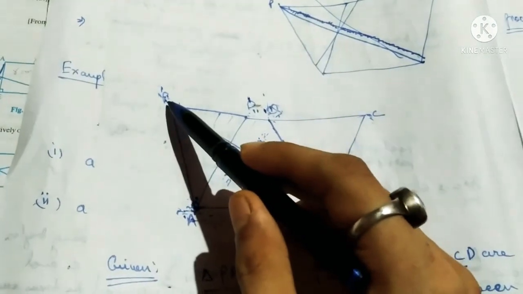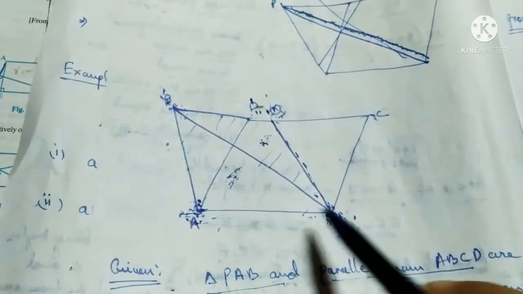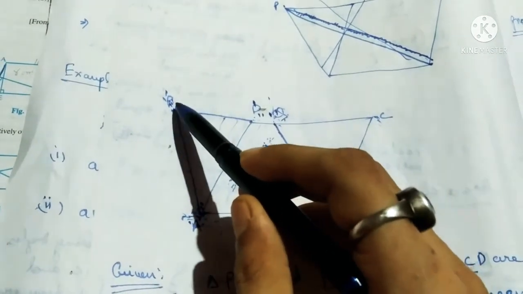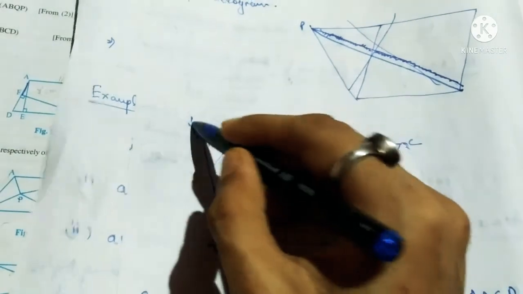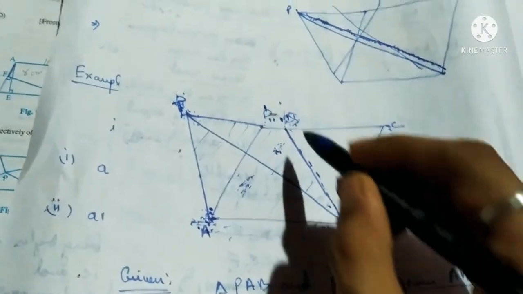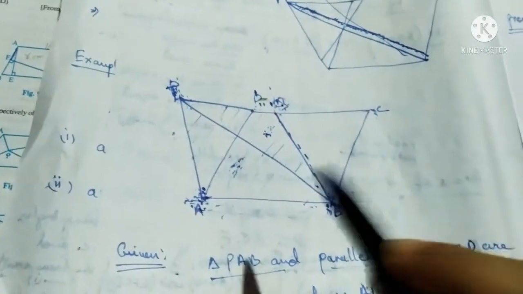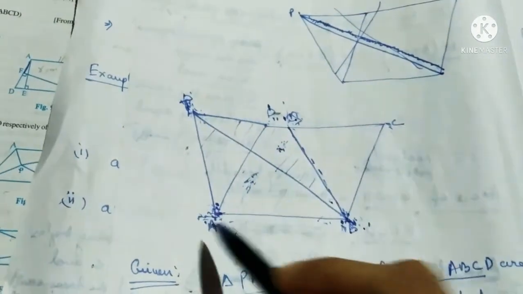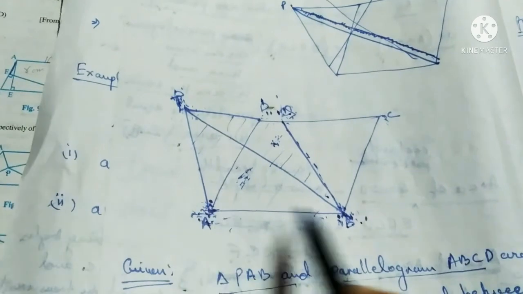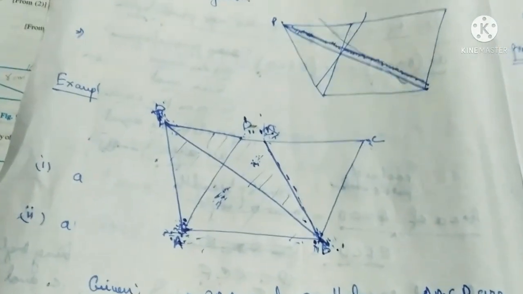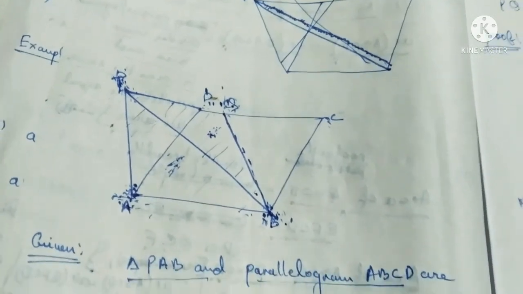So first I got that the area of PAB is half the area of PABQ, and next I write that the area of PAB is half the area of ABCD. That much is proved.